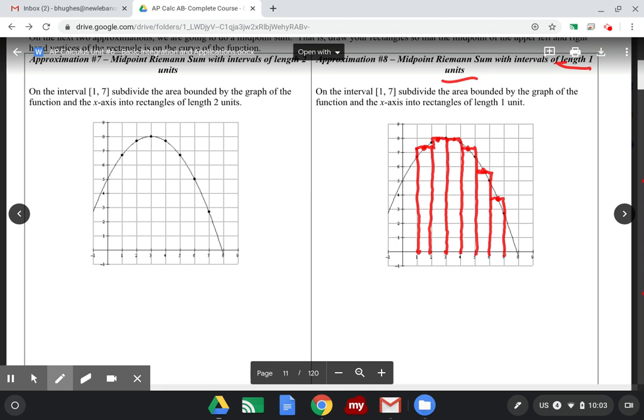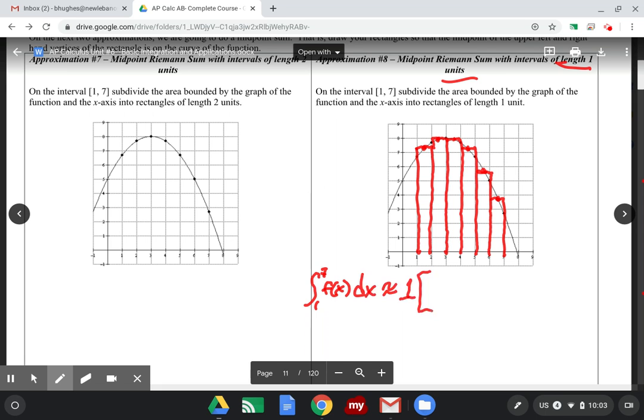So when we go to actually do our work to figure out the area, we have the integral from 1 to 7 of f of x dx, and all that represents, remember, is just the area underneath the curve from 1 to 7. But now the width of the rectangle is still 1 every single time, but the height of each rectangle is given by the midpoint.